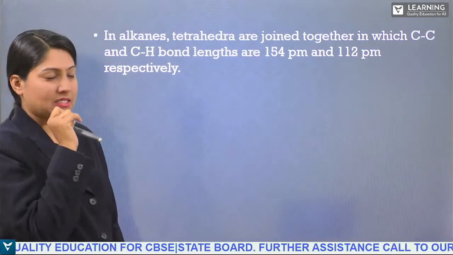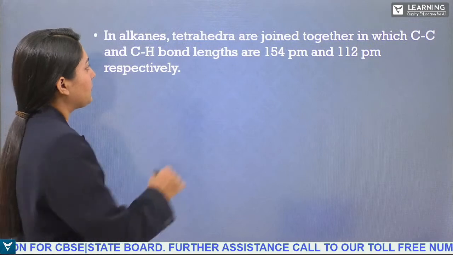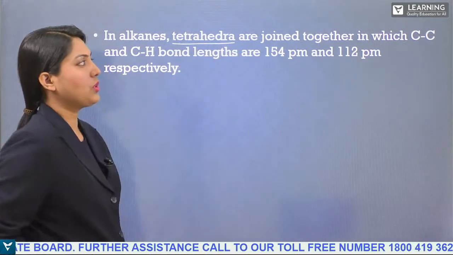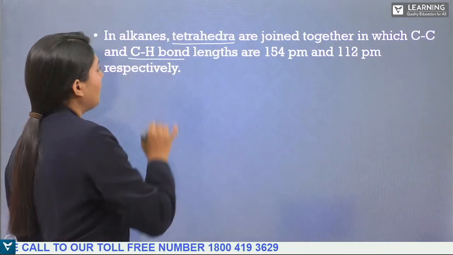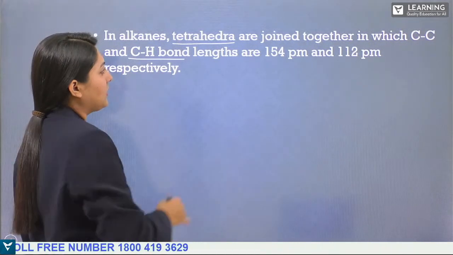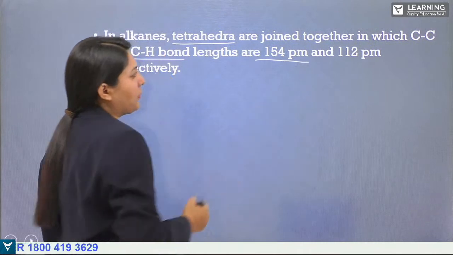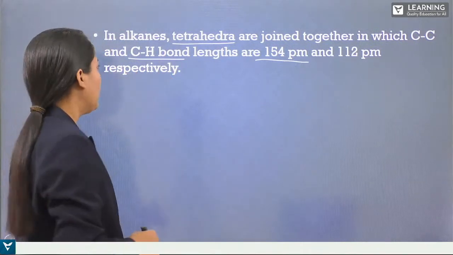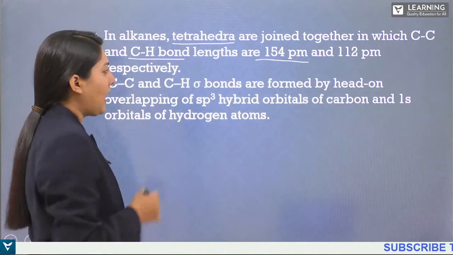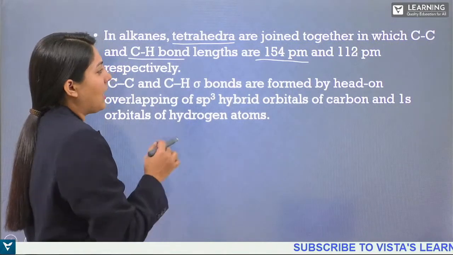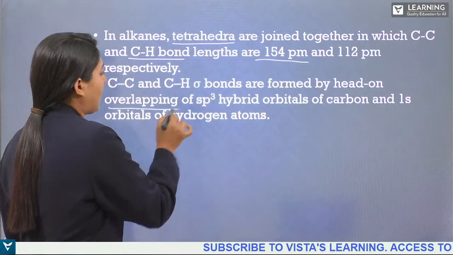And in alkanes, tetrahedrals are joined together in which carbon-carbon and carbon-hydrogen bond lengths will be 154 picometer and 112 picometer respectively. And carbon-carbon and carbon-hydrogen sigma bonds are formed by head-on overlapping.